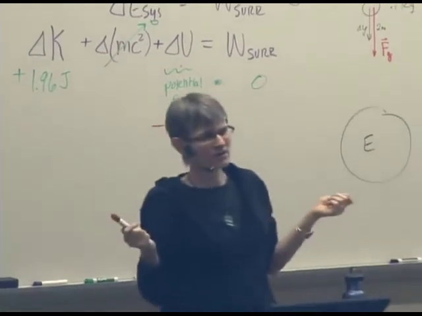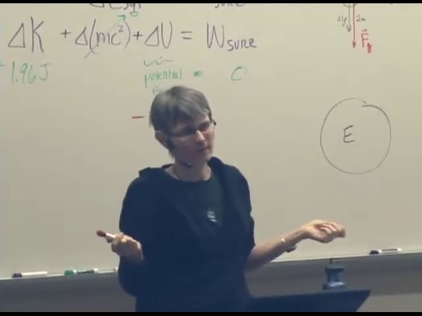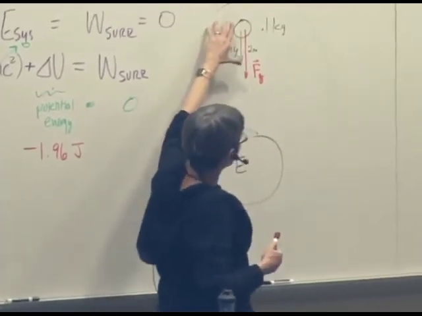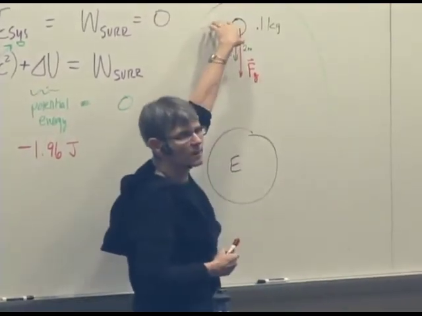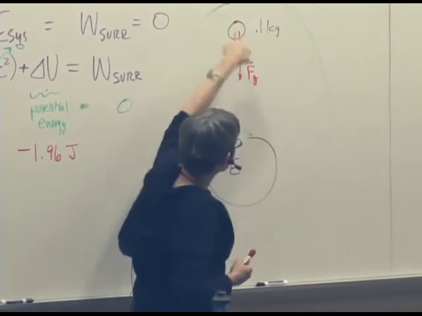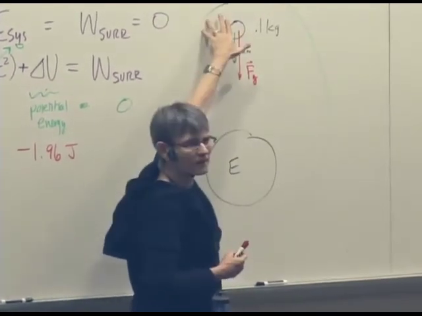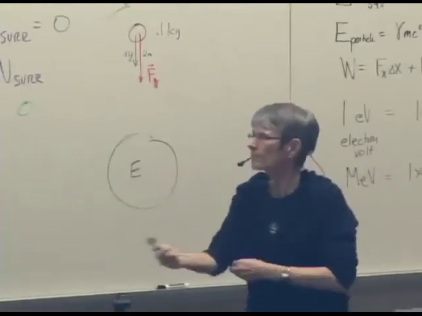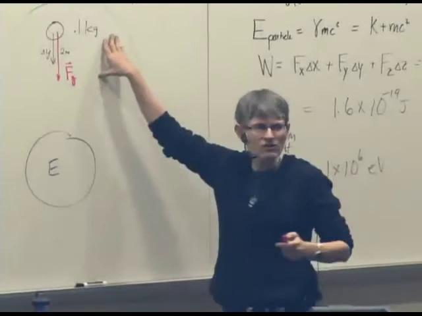Now, to a certain extent, this is just bookkeeping. When we considered only the ball as the system, then the Earth, we said the Earth did work on it, did 1.96 joules of work, and the kinetic energy of the system changed.